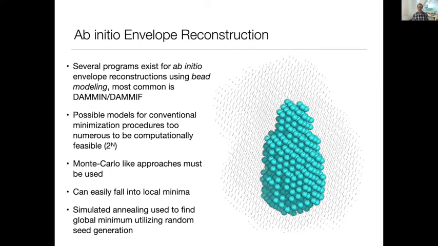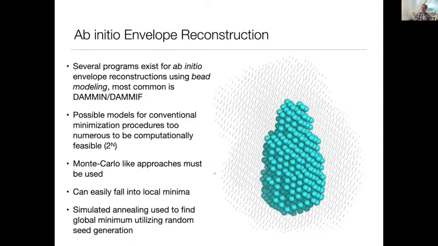So there are a lot of different bead modeling algorithms out there. The most common is probably DAMMIF, and this is part of the ATSAS package of programs. And the way these work is you effectively fill a grid in one way or another. It's sort of this hexagonally packed sphere packing lattice.